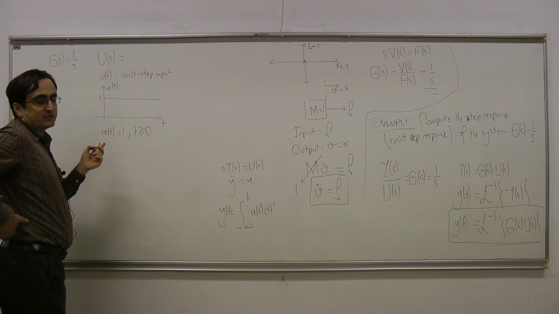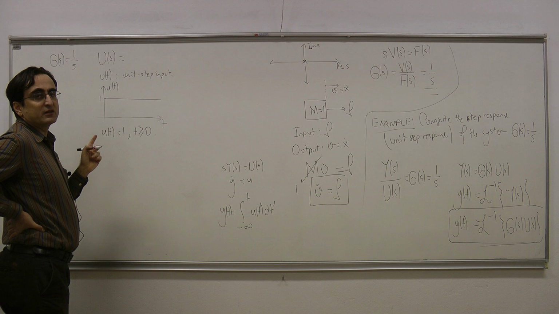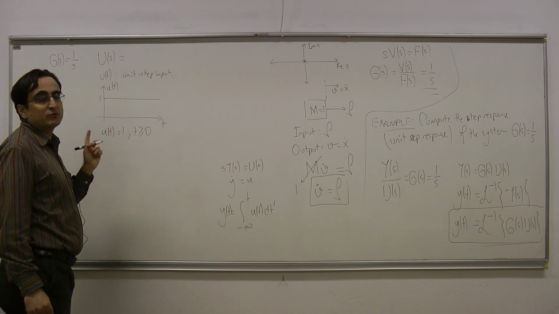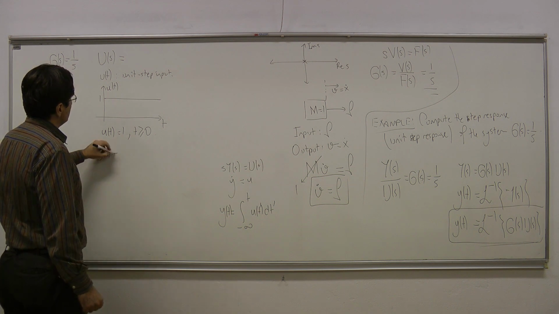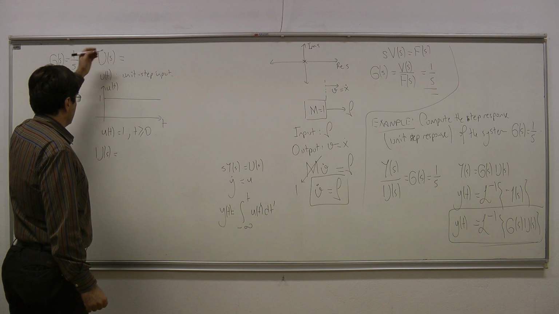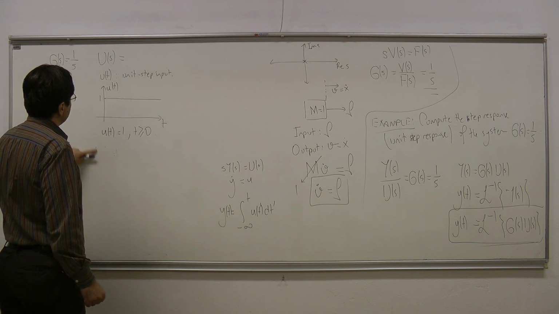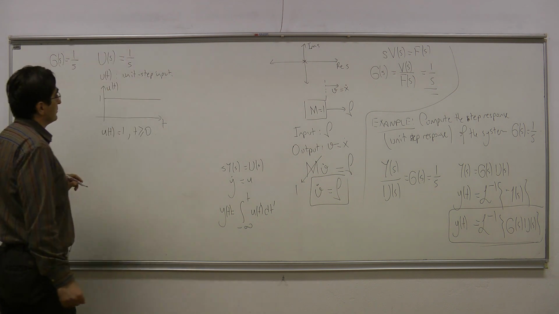And what is the Laplace transform of this function? We have seen in our investigation of the Laplace transformation, this was the first function for which we calculated the Laplace transform. We have seen that the Laplace transform of such a function, U of s, is 1 over s as well.